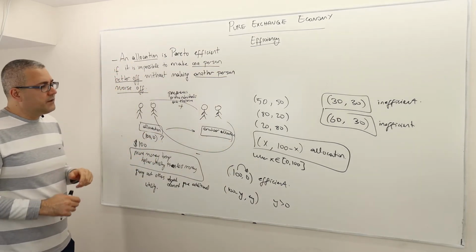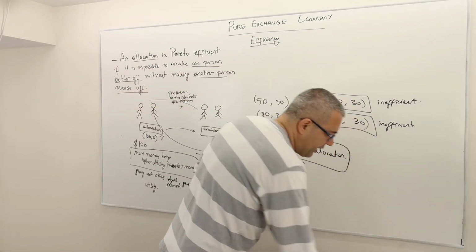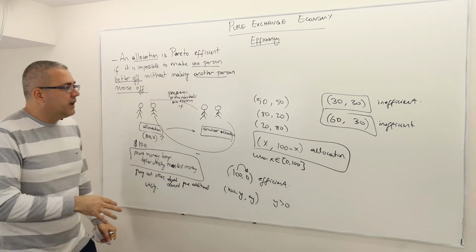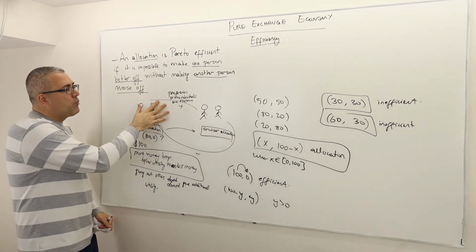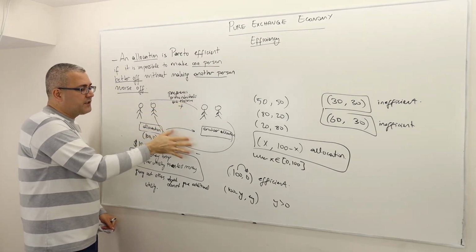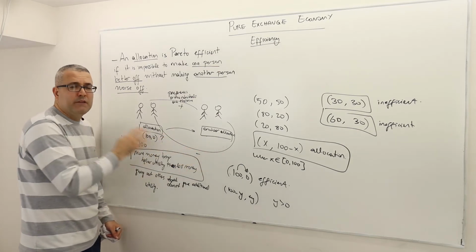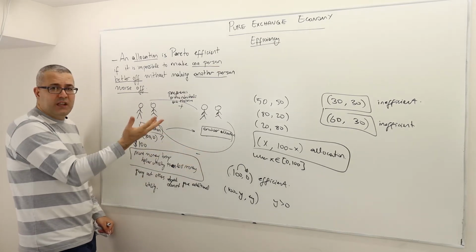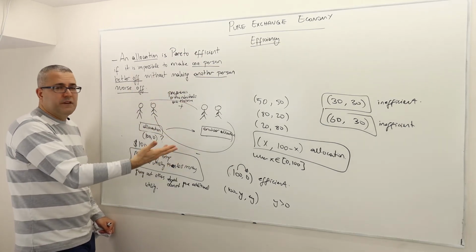Well, the question is, what about in a pure exchange economy? So here, the nice thing about this example is that if you want to make one guy happier, you need to give more money, so you have to subtract. This is why I put this minus here. You have to subtract the money from the other guy. So it seems like a lot of things are efficient, right?